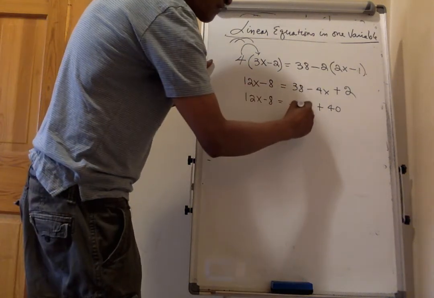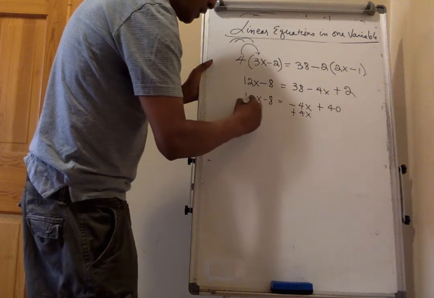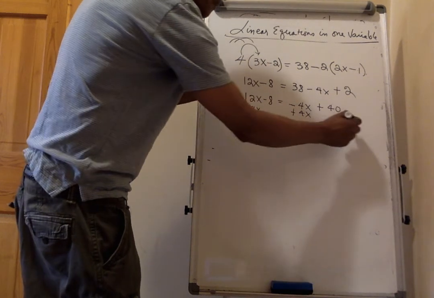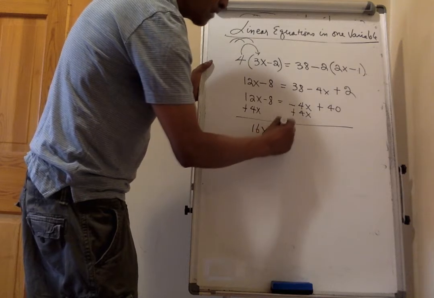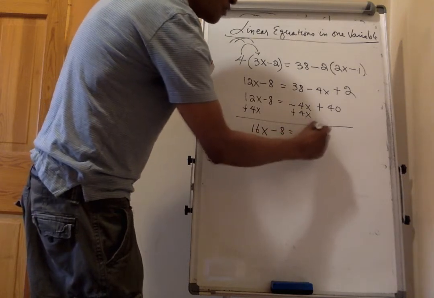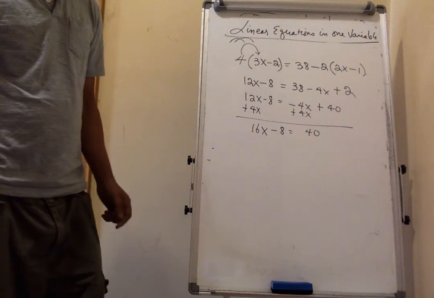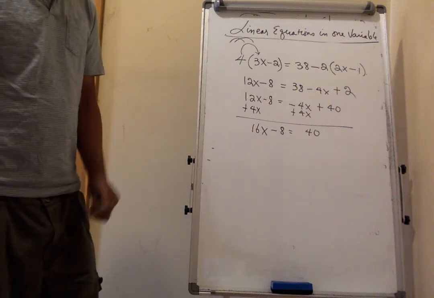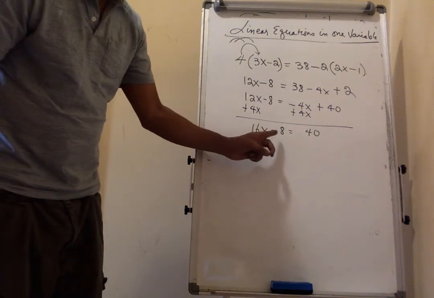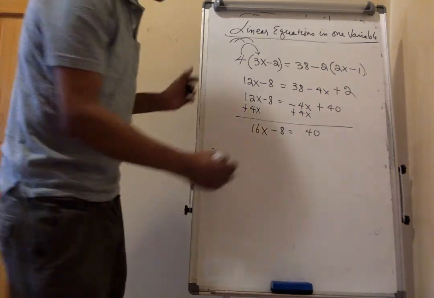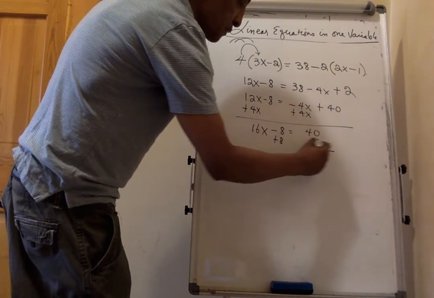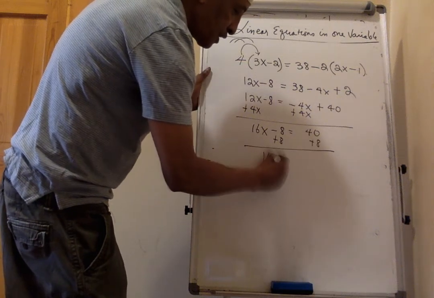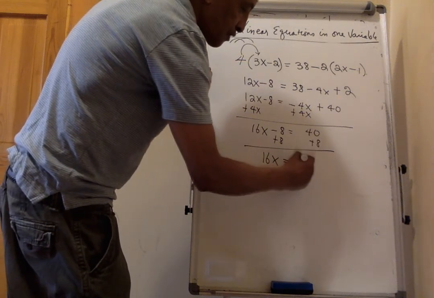To do that, I have to add 4x and 4x. You have 16x minus 8 is equal to 40. The next step would be what? I have to move 8 to the other side. Minus 8 means I have to add 8. Then I have 16x is equal to 48.